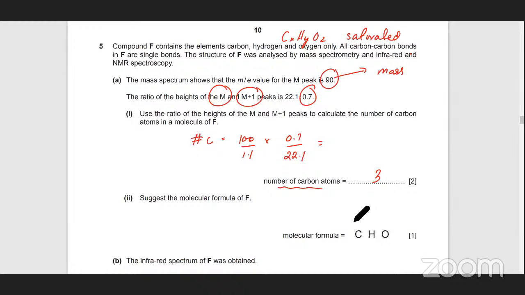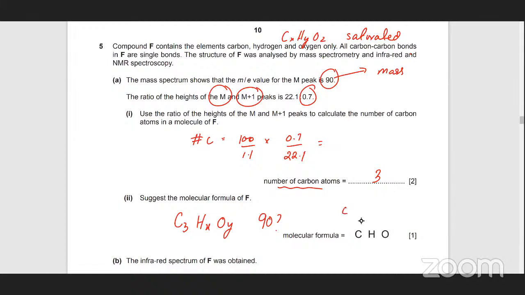Now you have to figure out कि 3 carbon atom वाली चीज जो है, now you just have 3 carbon atoms. How can that be 90? And उससे कहा है सारे single bonds है. That's given. और कोई information नहीं given. ठीक है, so you have to figure out the molecular formula.